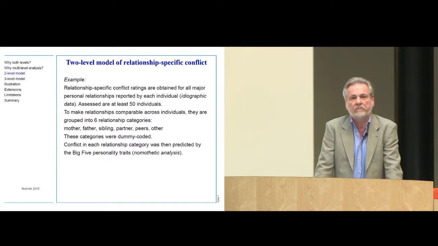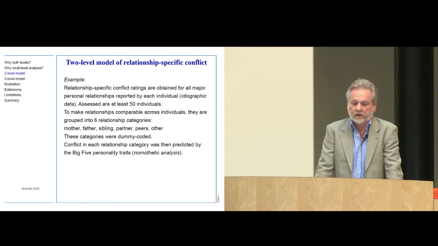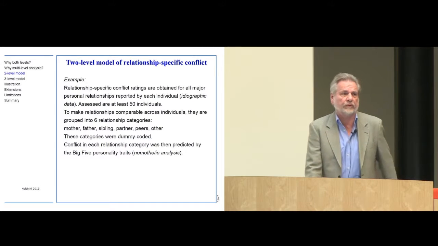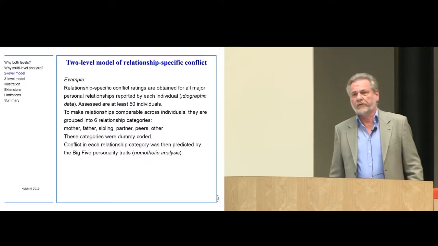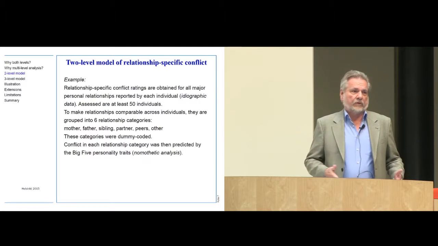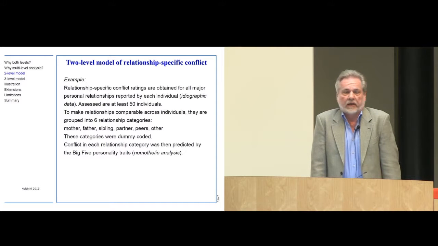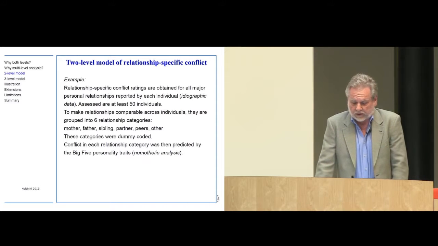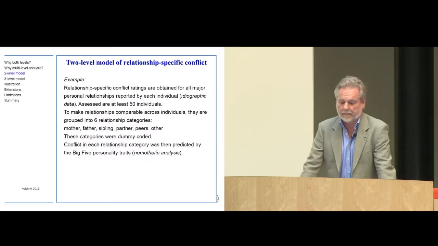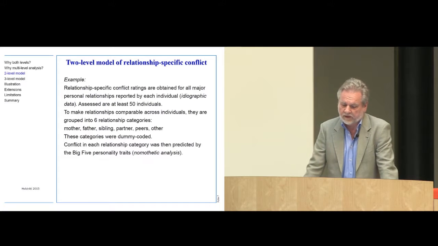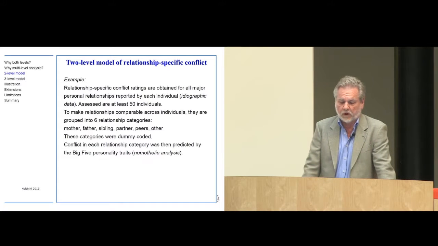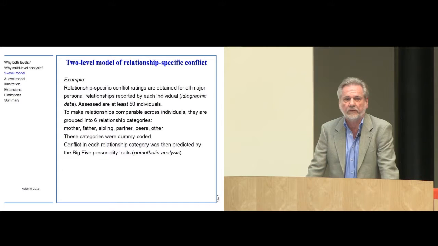Everyone has a different number of significant relationships, and the composition of the social network is different. This is also a signature of the personality of that person, how the social network is composed.